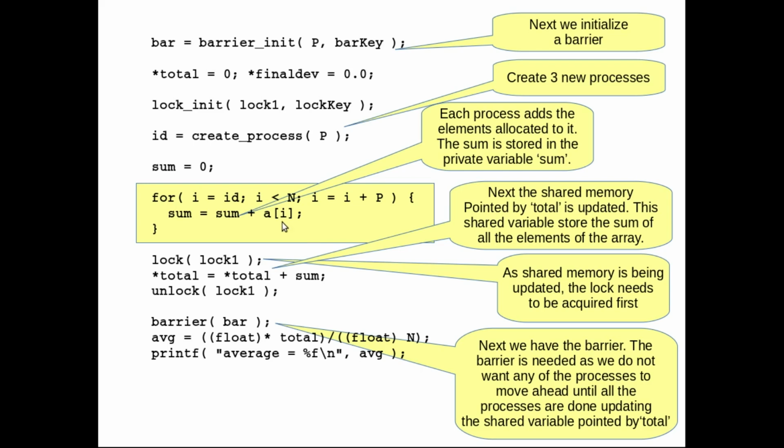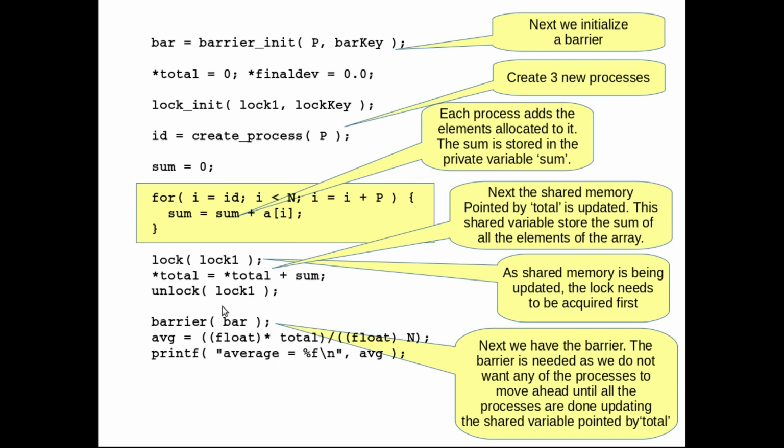As all the processes update the shared variable, they will come and wait in the barrier, and that is the purpose of the barrier. All the processes will come and wait in the barrier, and they will keep on waiting till all the processes arrive here. So once all the 4 processes are done updating the shared variable, when all the processes arrive at the barrier, only after that they will move ahead.